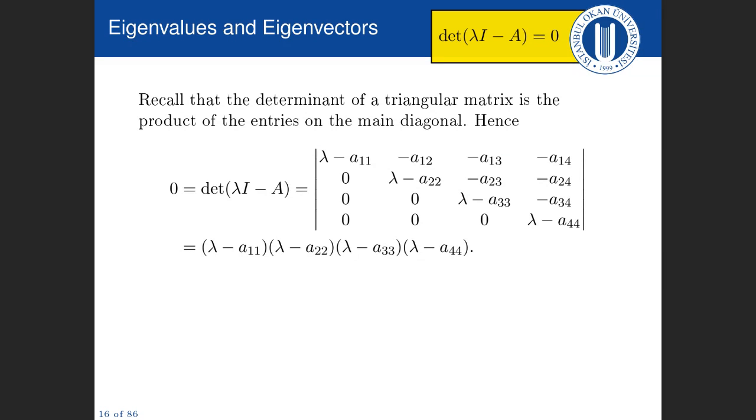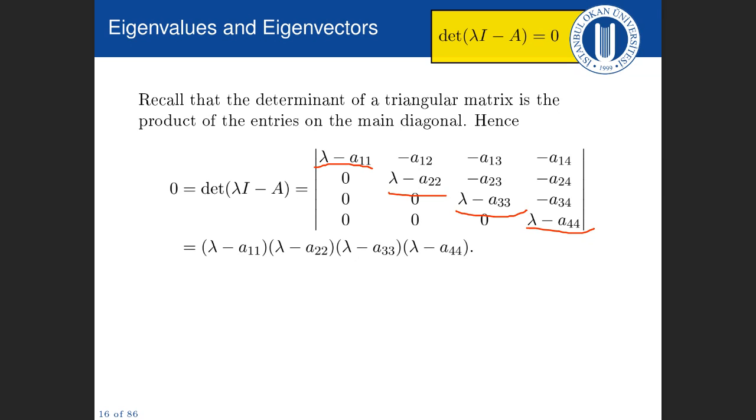So the determinant of lambda I minus A, which I've written here, is lambda minus a11 multiplied by lambda minus a22 multiplied by lambda minus a33 multiplied by lambda minus a44.